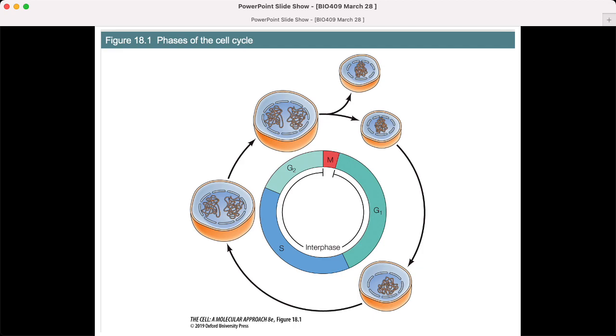Now, in almost all of our cells, we actually have two genomes when the cells are at START, because we inherited one genome from mom, it was in the egg cell, and one genome from dad, it was in the sperm cell. And so I'm just going to slide over here and say that a hallmark feature of G1 is that that's where START is going to be, the major regulation point.